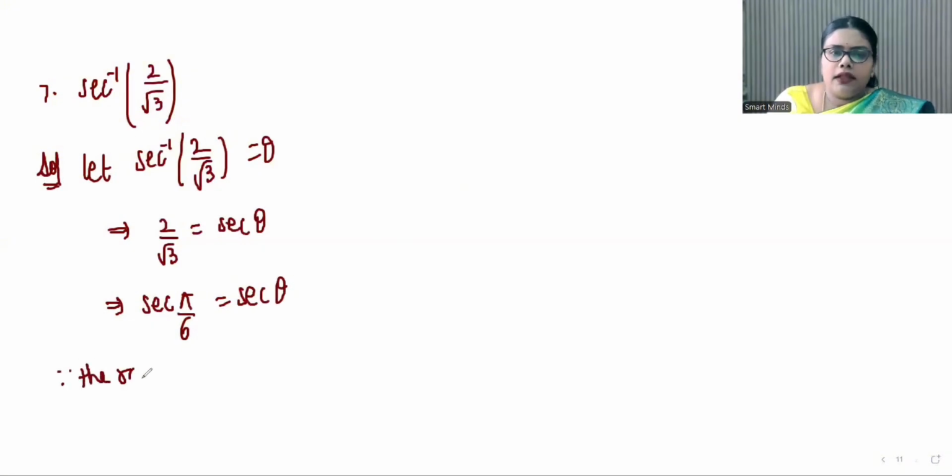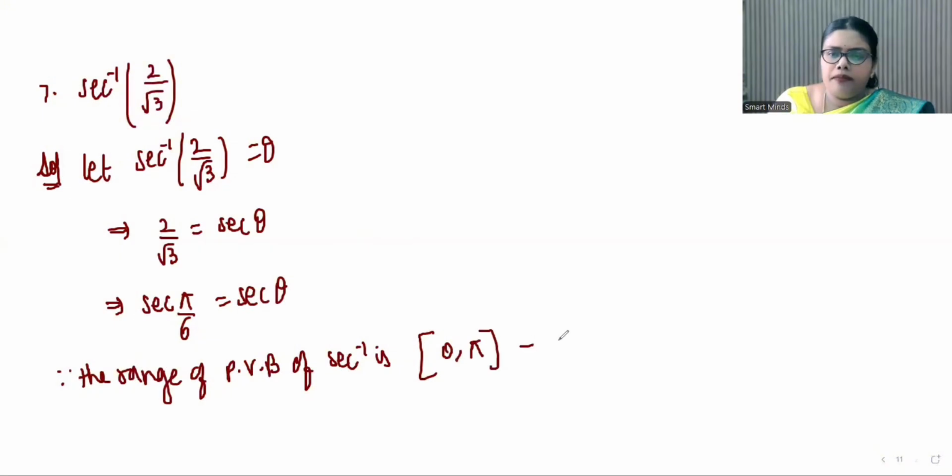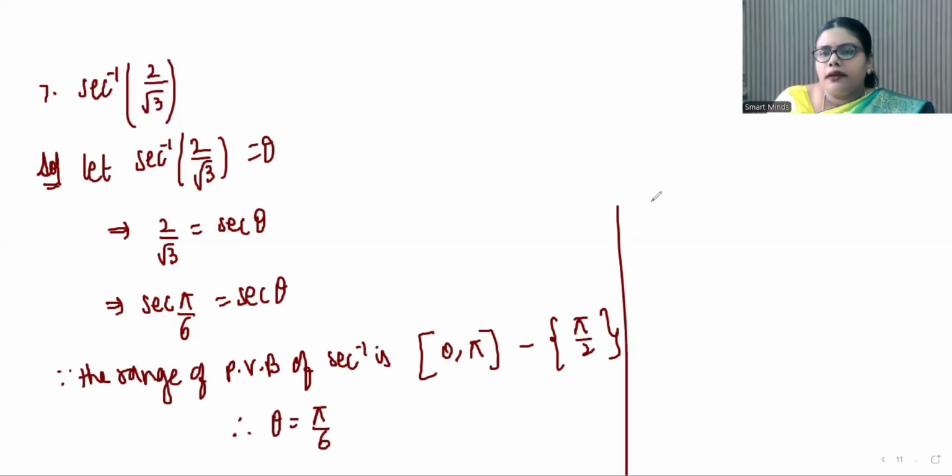Since the range of principal value branch of secant inverse is closed interval 0 to pi minus pi by 2, therefore, theta is equal to pi by 6. Hence we can say the principal value of secant inverse of 2 by root 3 is pi by 6.